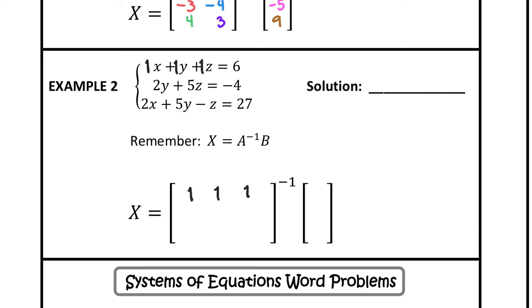You can also write the B matrix. I already know it's going to be 6, -4, 27. So everything after the equals, I have 6, -4, 27. So I'm just going to write that over here. Again, I wrote 1, 1, 1 because it's 1x, 1y, 1z.